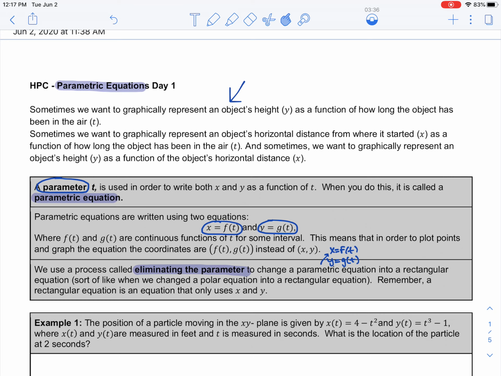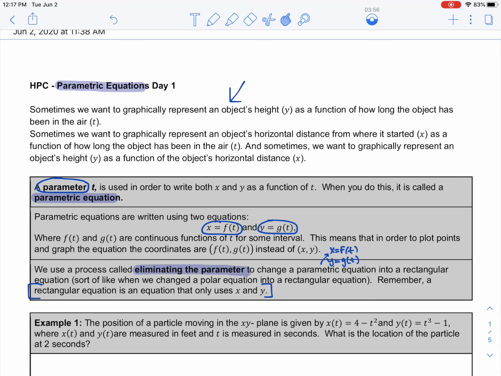We've done this when we worked with polar, right? We took polar equations and turned them into rectangular equations. It's important to remember that our rectangular equations rely on the variables x and y, whereas our parametric equations rely on the variable t.